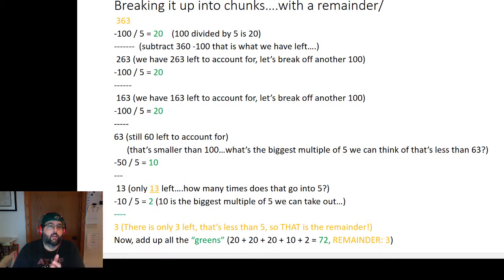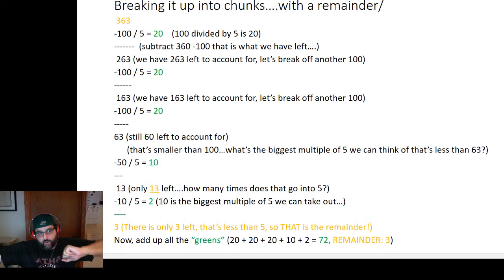Okay? The thing we have left to divide is this 263. That's still more than 100, so we'll take another 100 away. We subtract 100 from 263. That'll go on the next line, and then in this column, we say 100 divided by 5 is 20.